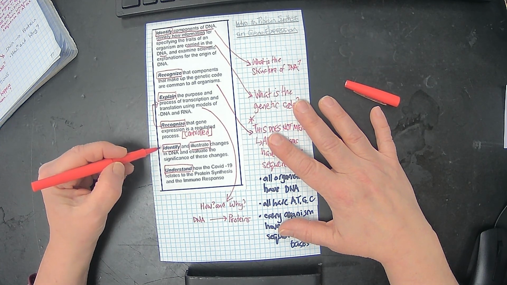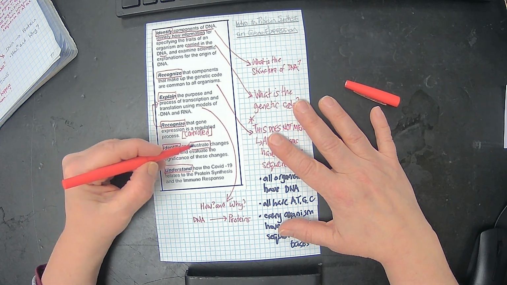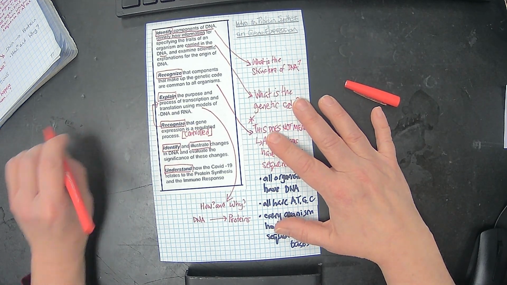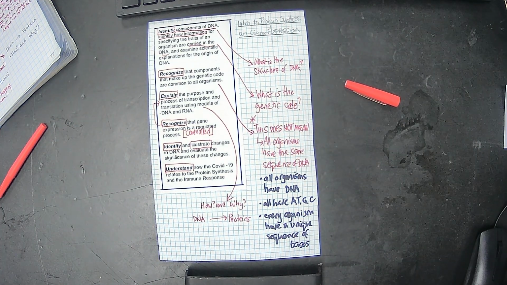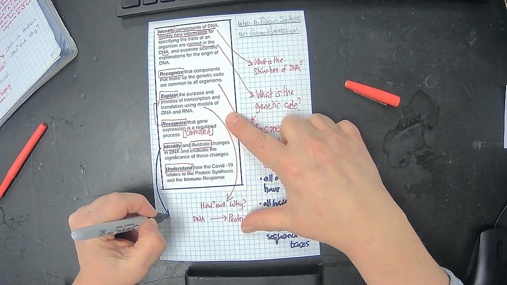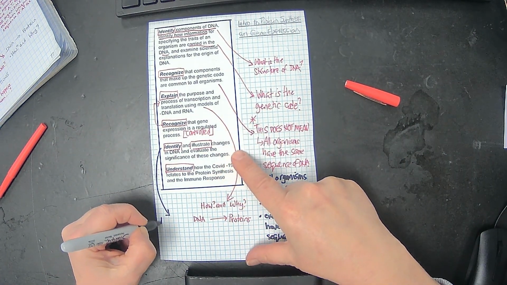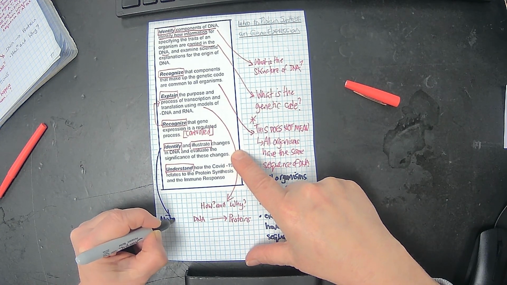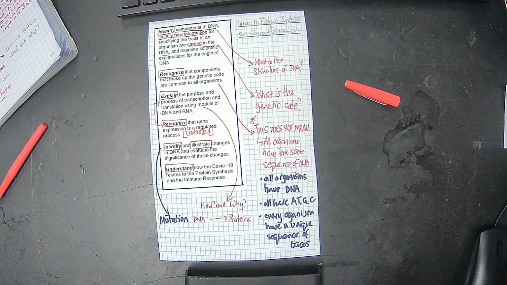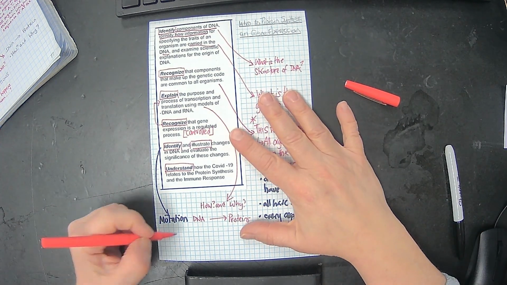Okay, moving on. Identify and illustrate changes in DNA and evaluate the significances of these changes. Okay, this whole thing is talking, I'm going to move this down here because this is kind of like a side topic, mutations. Mutations are when the order of DNA changes.